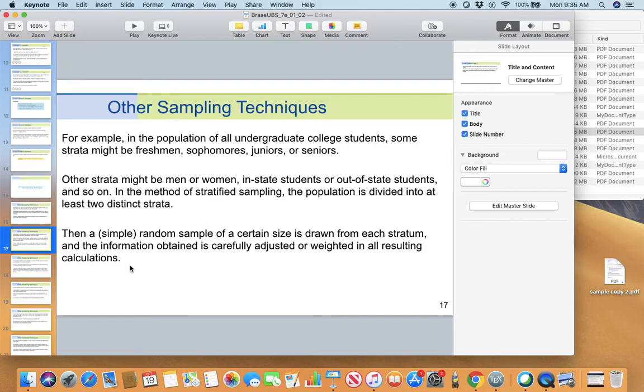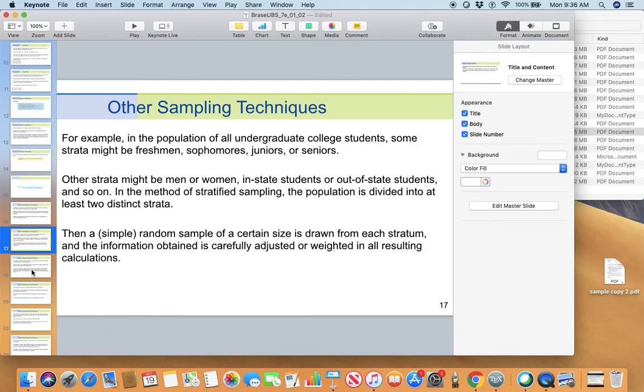First divide the population that you wish to study into different strata, at least two, and then use a simple random sample of a certain size from each stratum. So it's not okay to just select 5 women and 2 men. No, that's not equal. The same size. If you choose 5 women, then you have to choose 5 men randomly.